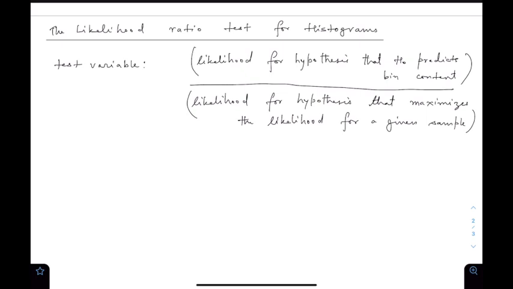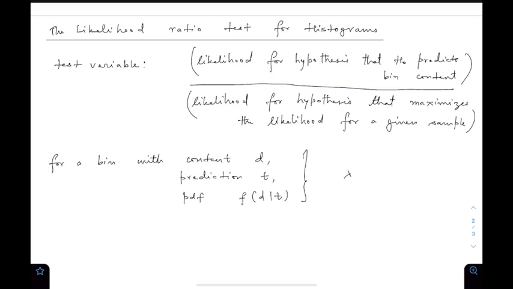So if you are looking at a bin with content D, prediction T, PDF given as f for D given T, lambda is basically given as f for D given T over f for D given D, since the likelihood is maximal at T equals D. For the histogram, we have to multiply the ratios of the B individual bins.